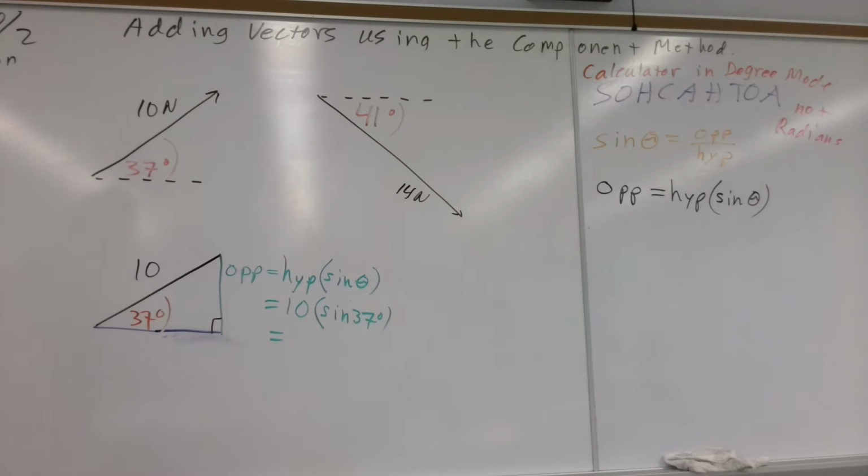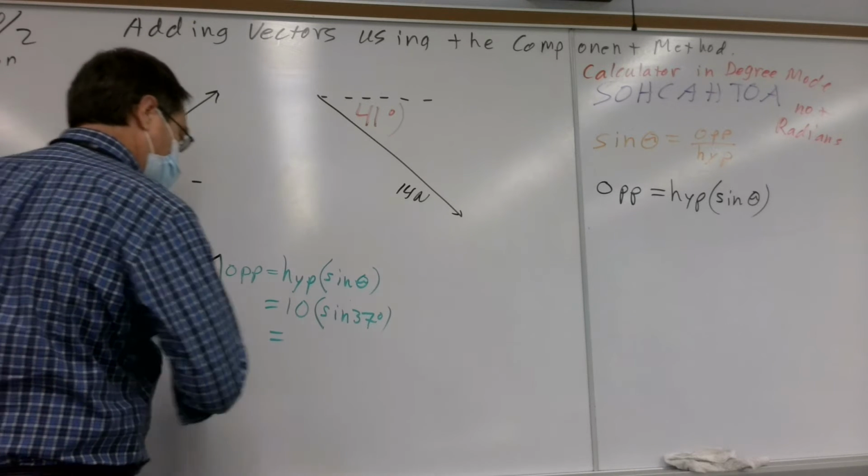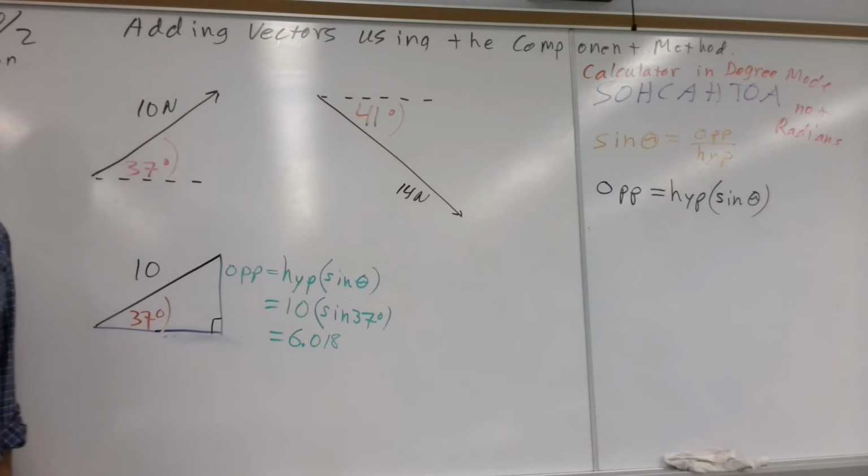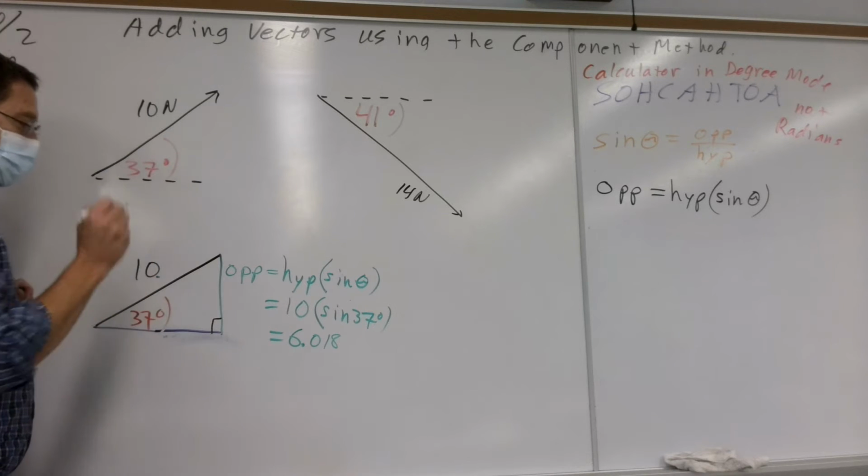So who's got a number for us? I've got 6.018. Does anybody have 6.018? You get 6.018? Yeah. Okay. All right. We want to round that to 2 sig figs. Why? Because the angle is 2 sig figs, and I'll just put a dot behind the 10.